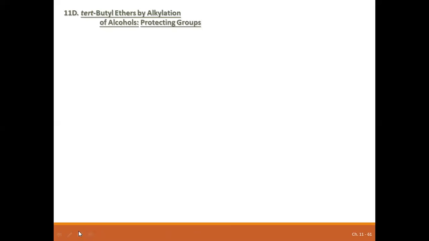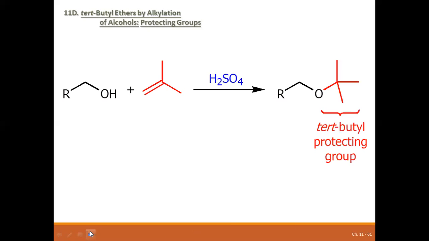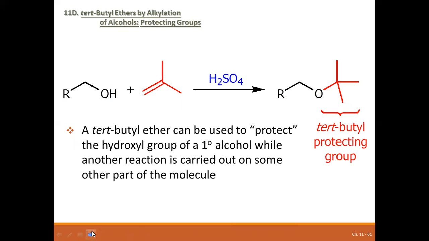So the other reaction is the tert-butyl ethers by alkylation of alcohol. So how does it happen? You have your alkene and you have your sulfuric acid here. You have your tert-butyl group as a protecting group here. In this reaction, you have your addition, you have your proton added.